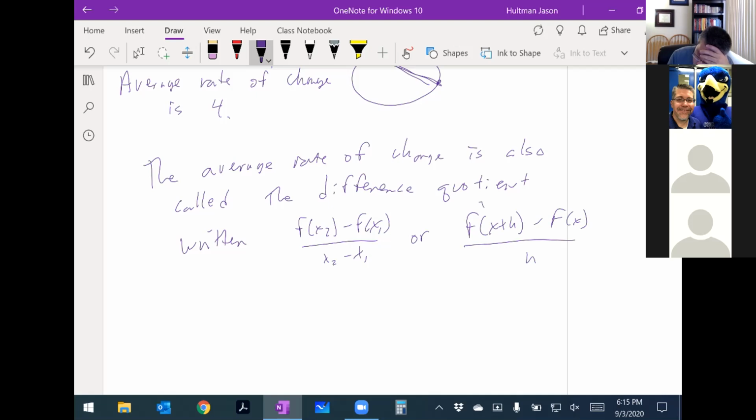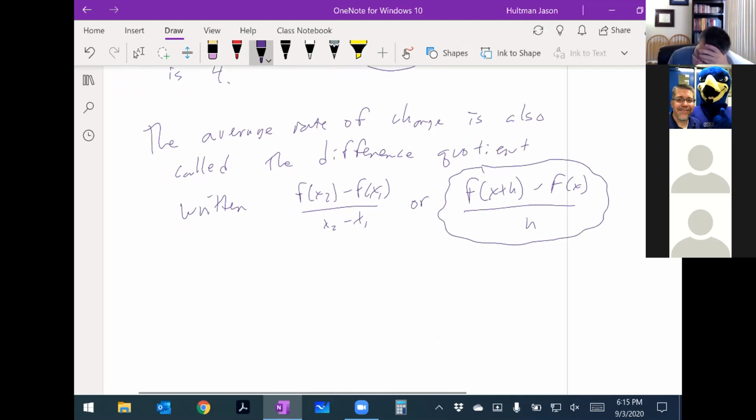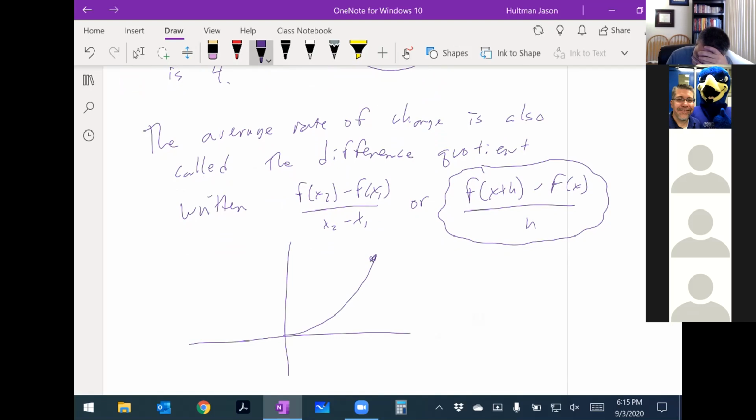And the one that we're going to focus on is this guy here. Now, how does this work? Let's look at our secant line again. Let's take our parabola here and look at our secant line. Instead of x1, let's just call that x.